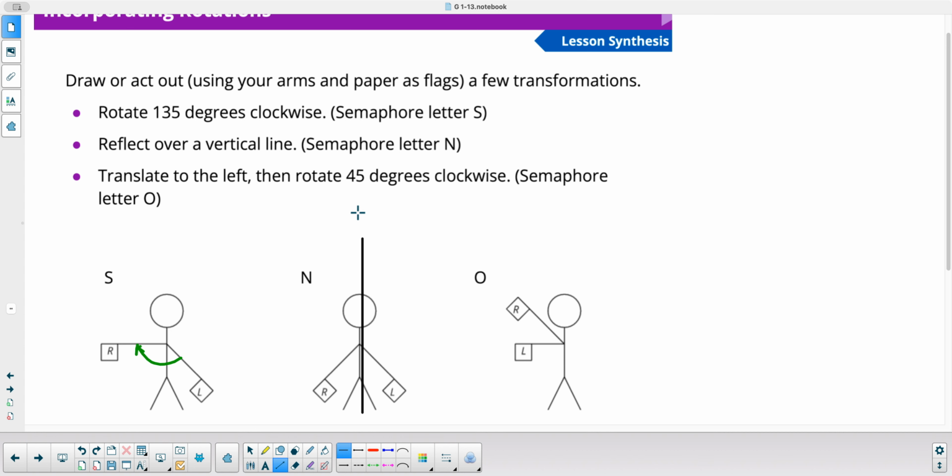Okay. Translate to the left, then rotate 45 degrees clockwise. So they were probably starting out right here, and then it translated left, and then rotated 45 degrees clockwise, like that. Okay.